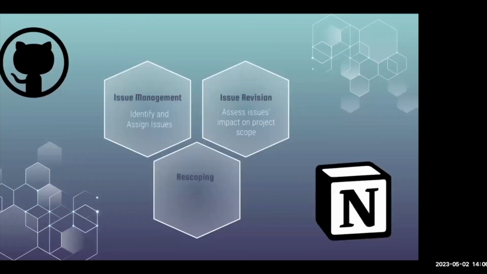Project scope: using GitHub for issue management to identify and assign issues. We'll also be doing a lot of issue revision, in which we assess the issue's impact on project scope and see how that affects the overall timeline. And then finally, rescope the project by adjusting timelines depending on how big the issue is and how long it'll take to address.